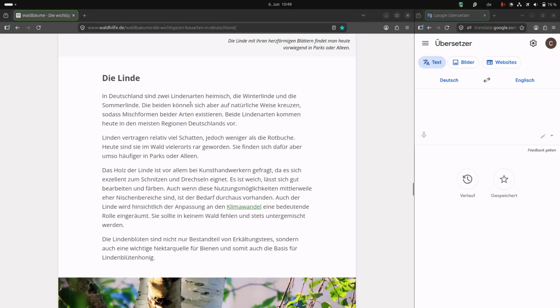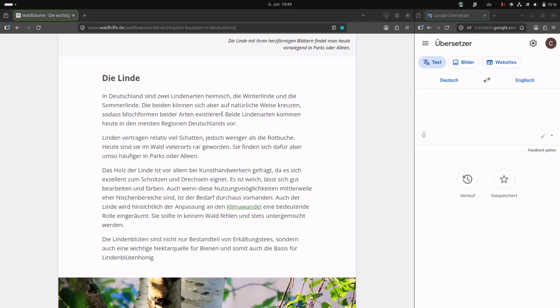So but they both can cross in natural ways, or you could say though, but then you will have to put this before the sentence if you were to translate that into English. How do I say that in this sentence structure? They both can, I don't know. I'm just going to say that, but they both can cross in a natural way, so that mixed forms of both species exist.